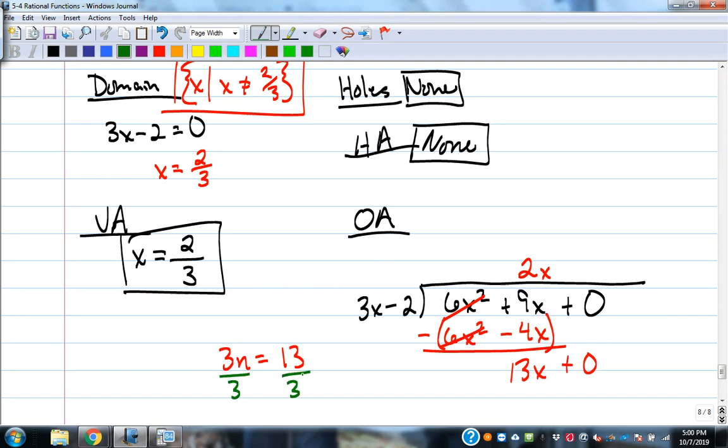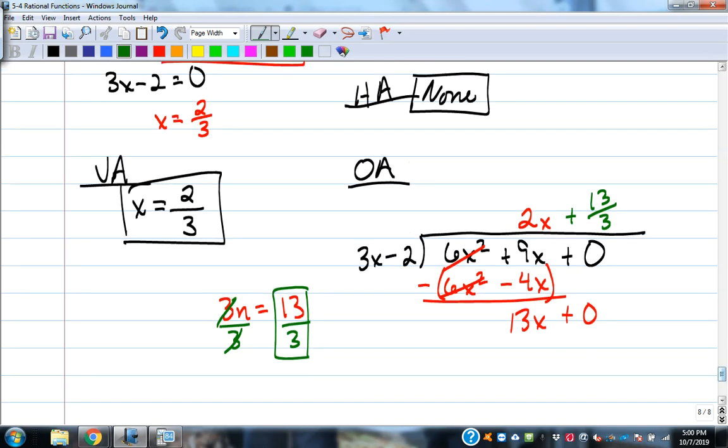Yeah, just divide by 3 and it cancels out. Oh, the number that I need to use is 13 over 3. So I do plus 13 over 3 there. And then distribute if you want to. So that's 13x minus 26 over 3.